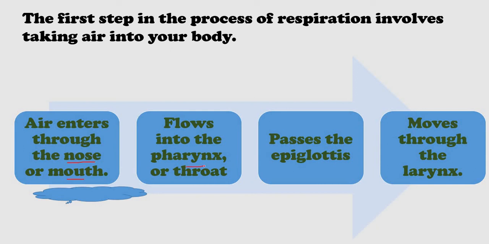Then it flows into the pharynx or throat, passes the epiglottis, and we said before that the epiglottis prevents food or liquids from entering the lung by closing the throat. And from the throat to the larynx. Again, nose or mouth, pharynx or throat, then to the larynx.